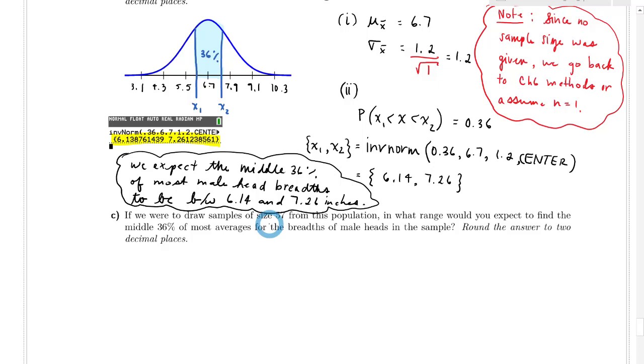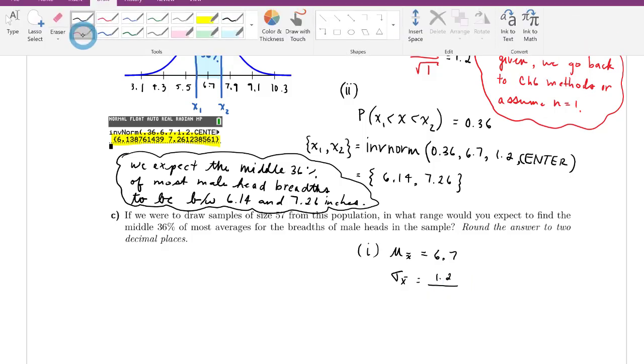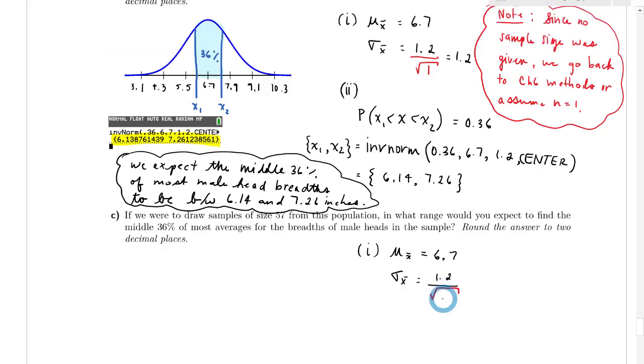So this means that the mean of the sampling distribution still remains to be 6.7, but the standard deviation will be 1.2 divided by the square root of 57, because n is equal to 57.